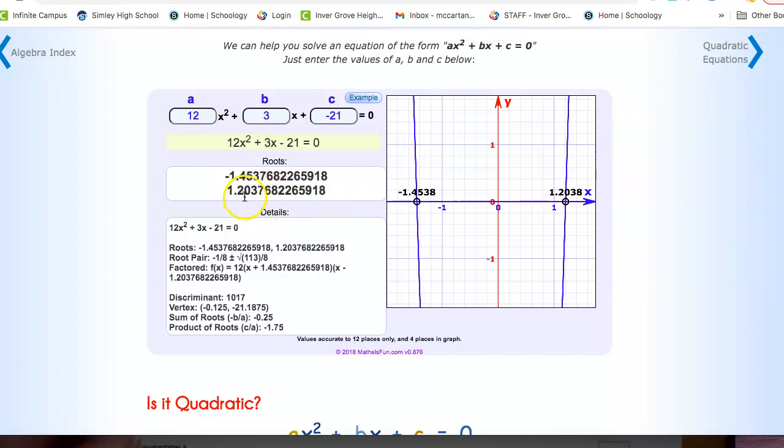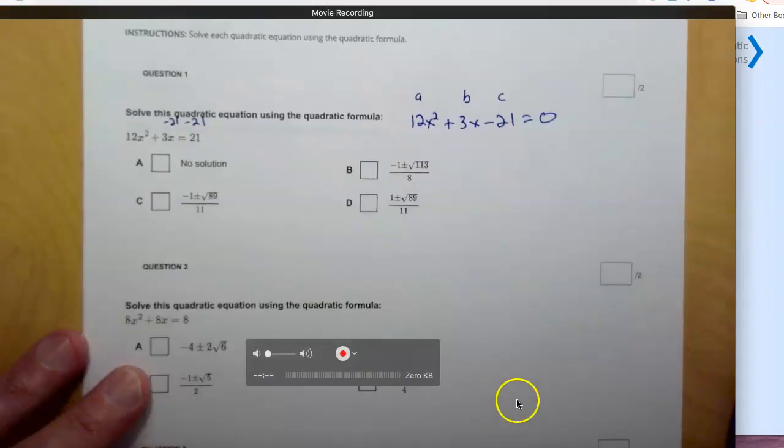Of course, the answer is right here too, but that's a big, long decimal. The answer we're looking for in the multiple choice part of the exit ticket is written in radical form. The denominator is 8, you can see that, and there's a square root of 113. So you should be able to see where the answer is.